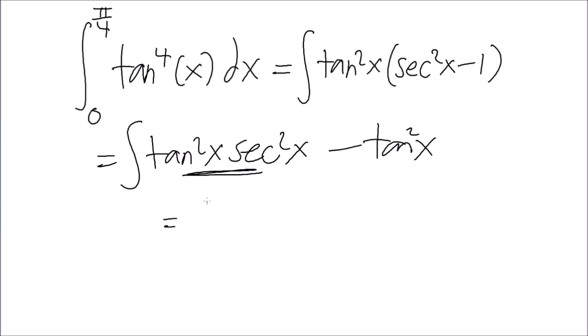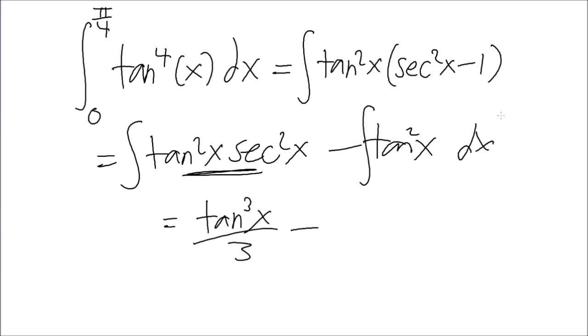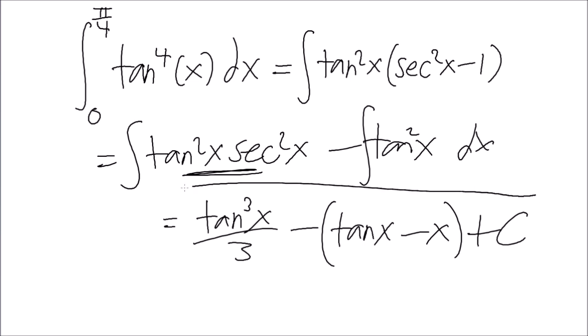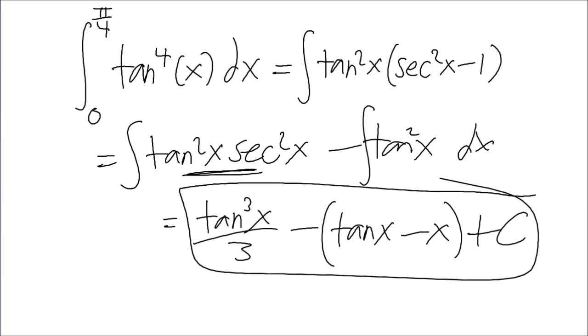Then you end up getting tangent cube of x over 3 minus, and then here, this is one of the integrals that you should already have memorized by heart. So this is tan x minus x plus c, and then that's your answer. So that's the beginner way.